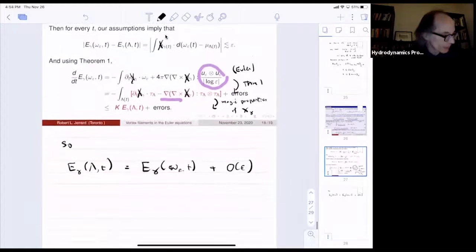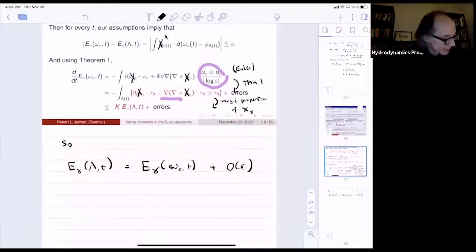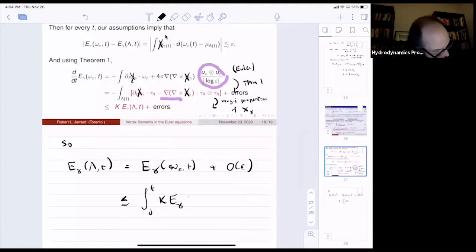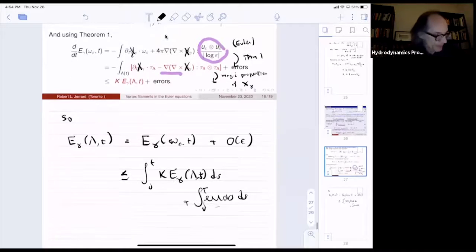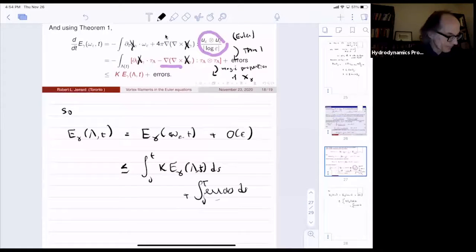And so what can I can do? I can integrate the above, plus the integral of the errors ds from 0 to t.